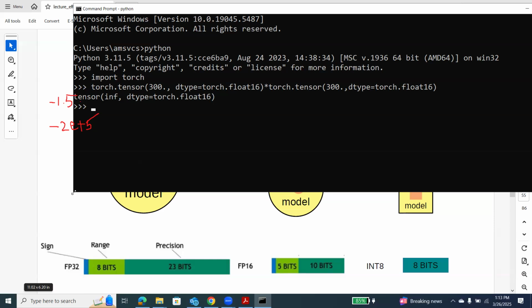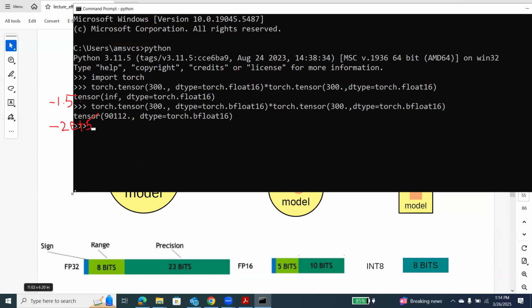We write e plus 5, and we mean multiplication by 10 to the power 5, but in real representation, it's in the binary system and it's 2 to the power 5. So that's why the result, 300 times 300, will just go outside of the range. But if we use bfloat16, then it will work.